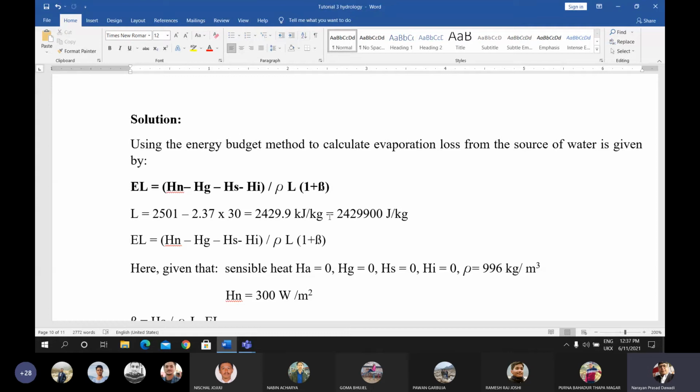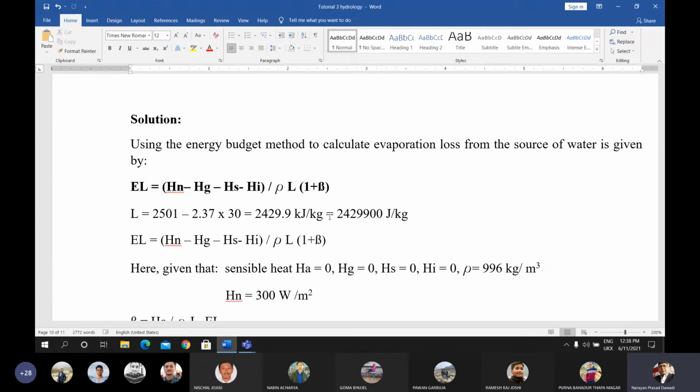We have already discussed it in the theoretical portion. The latent heat of vaporization calculated using the formula given in the question gives 2,429,900 joule per kg, converted from kilojoule into joules per kg.